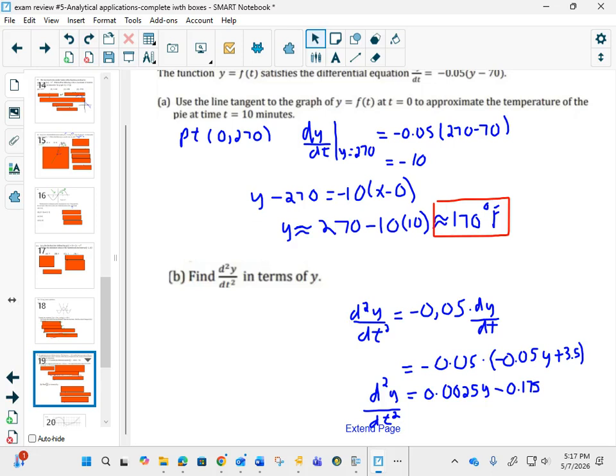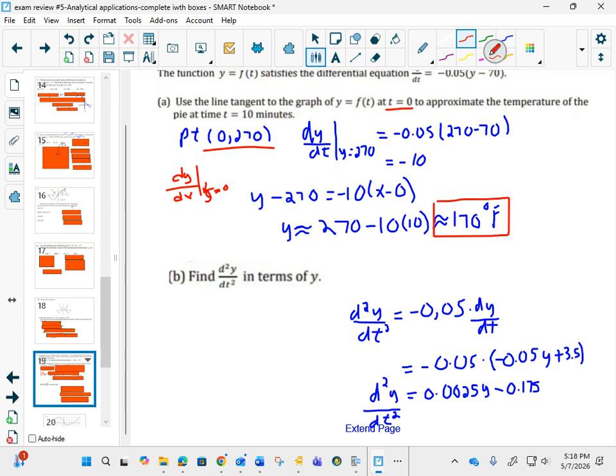Wait, in the first part of the question, it says use t of 0 to approximate the temperature at t of 10. That seems like a bad approximation, right? Yes, I agree. Why did we use 10 in the slope instead of 0? Well, you mean 270? If we're using this to approximate it, we need the point at that time and we need the slope of that point, dy/dx at time equals 0.